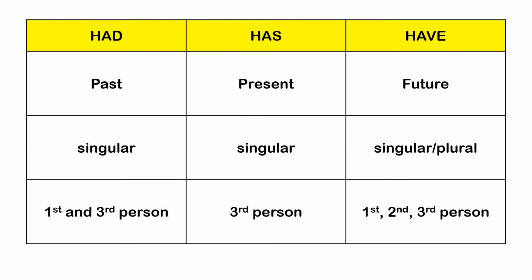And then singular lang. And then use the third person, he, she. And then pag have naman, ginagamit naman yan for the future. Then it's either singular or plural. Okay, ginagamit yan kapag first, second, at third person.